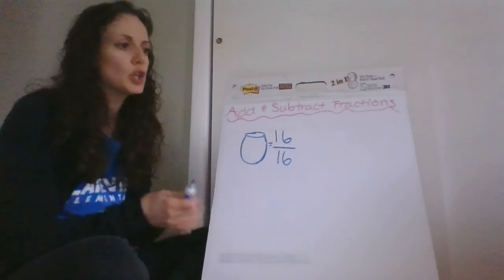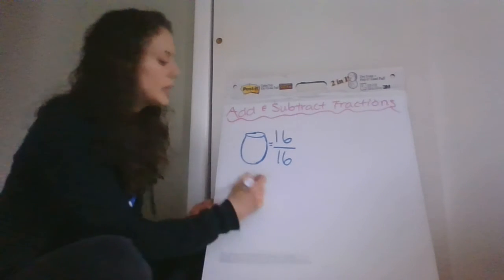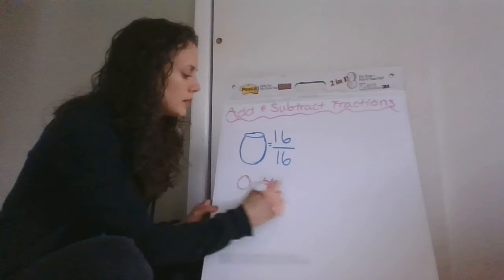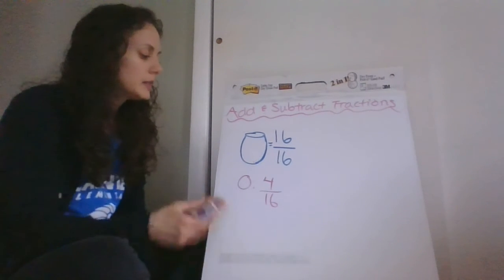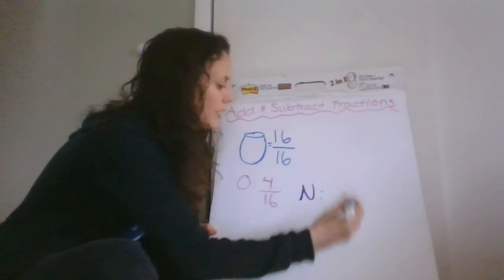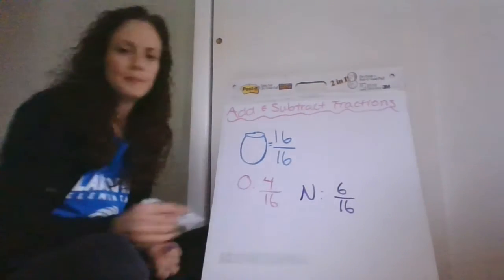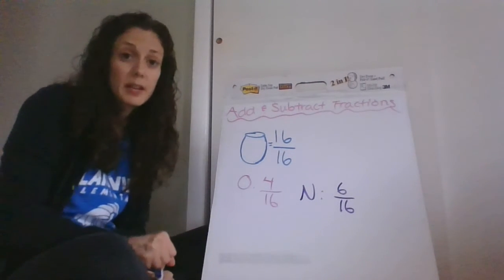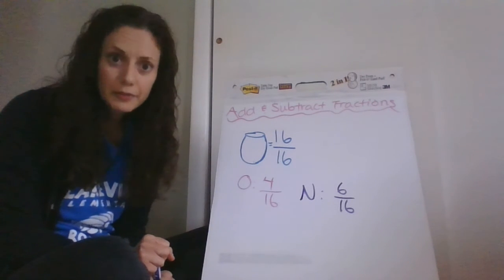Let's say I serve Olivia. Olivia gets 4 sixteenths. And Nicholas gets 6 sixteenths. My question is, how much of the mason jar of lemonade is left?